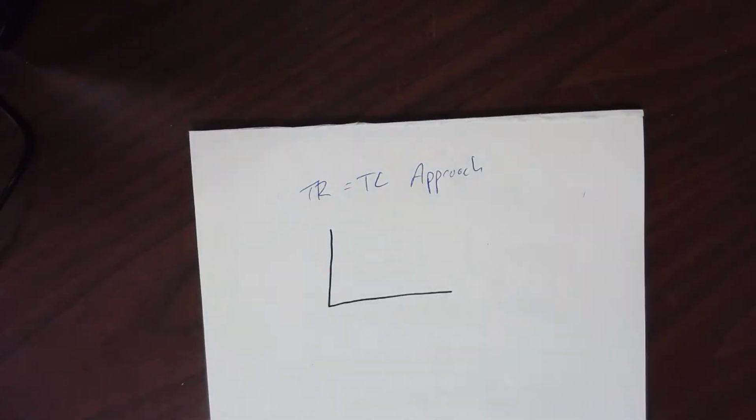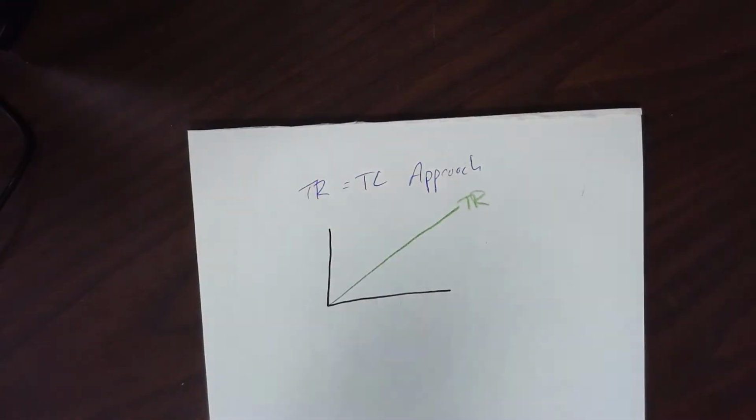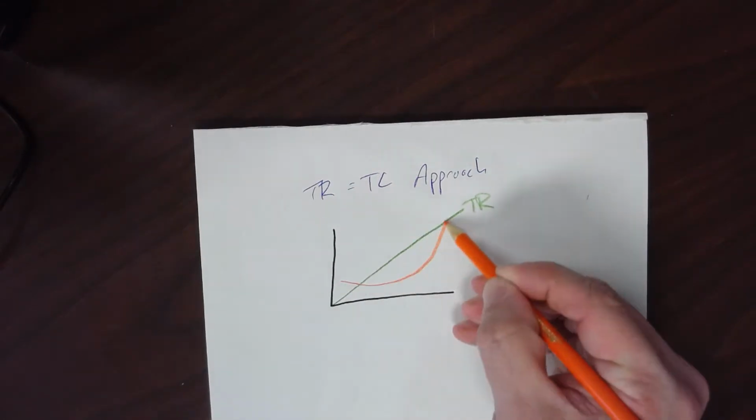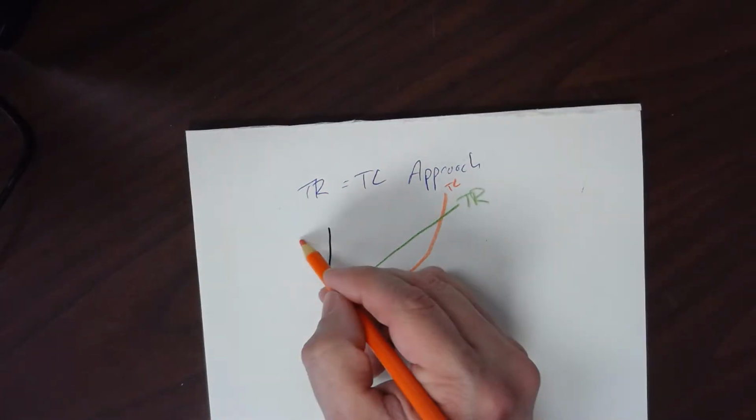So you have this, and you have your only two lines being drawn here. You have your total revenue and your total cost. All right, same thing.